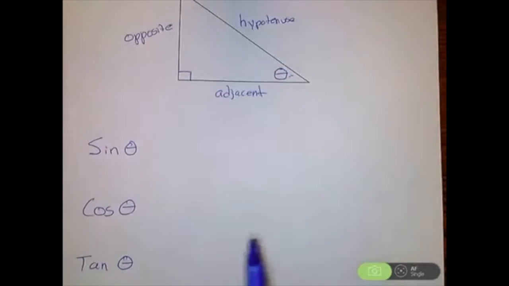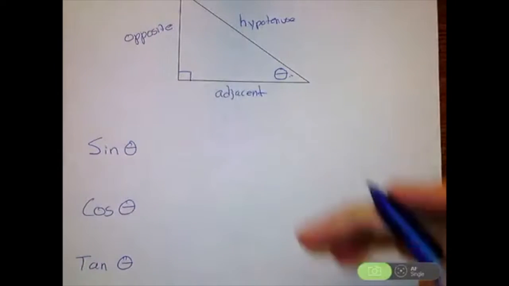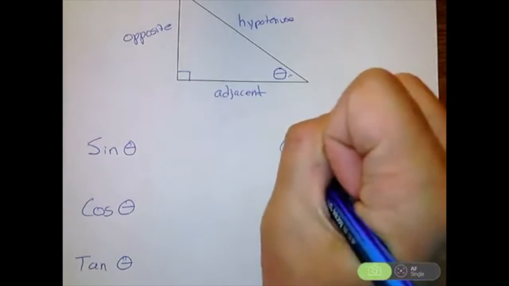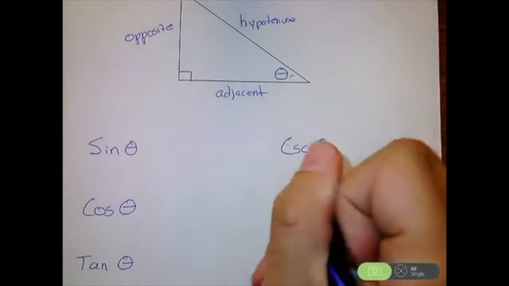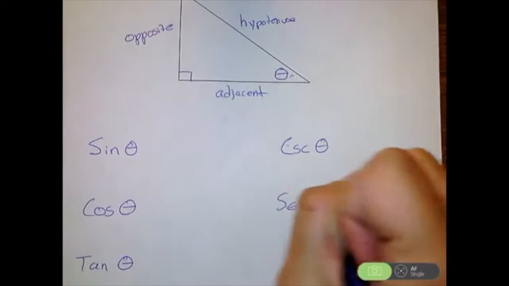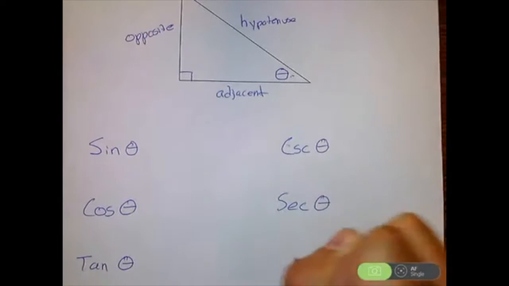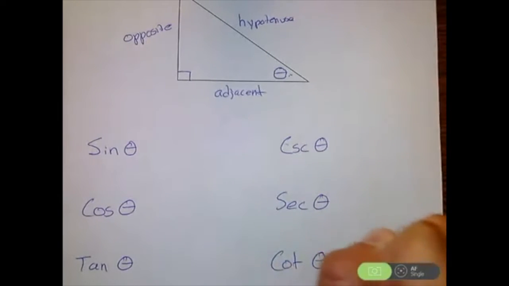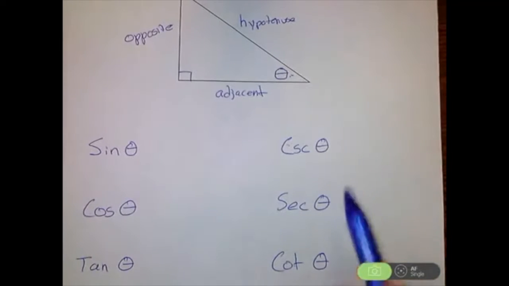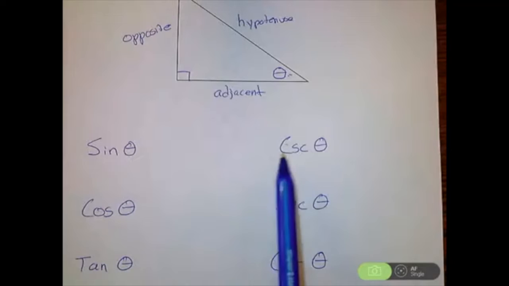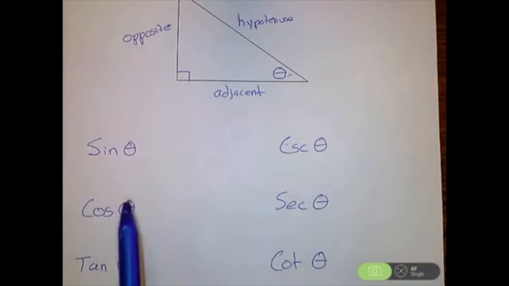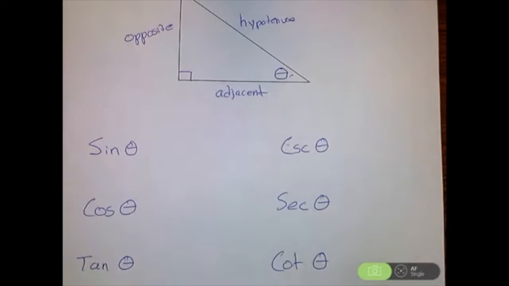And there's 3 more that people don't often know as much about, which is cosecant, abbreviated with CSC, secant, SEC, and cotangent. Now, these 3 are often ones that, especially your geometry students, don't know much about, but these are connected to our original 3 trigonometry functions, sine, cosine, and tangent. There's a connection here, and we'll talk more about that in a second.